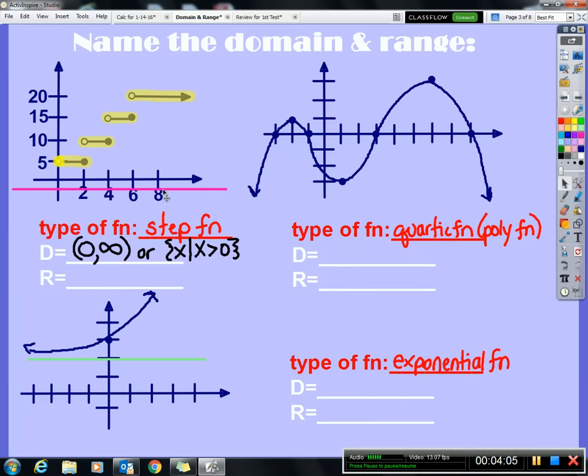So as I'm moving from the bottom up, the first y value I get to is 5. There's not any point in here that the graph takes on, so then the next y value that I get to is 10. Then the next y value that the graph touches is 15. And the next y value the graph touches is 20.